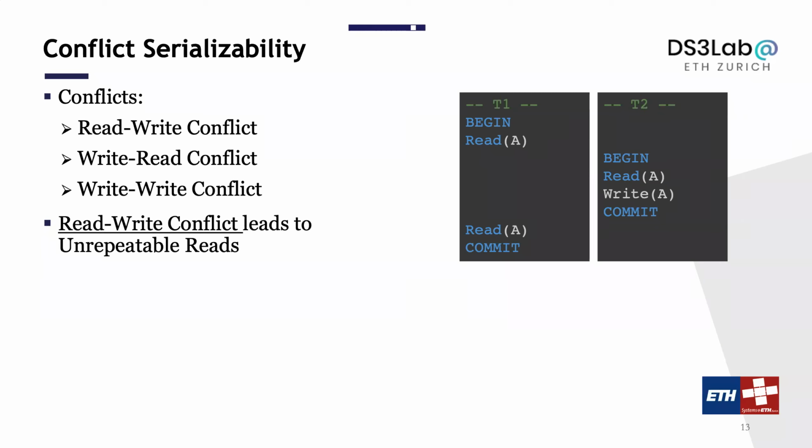So let's look at this example. You have T1, you have T2. T1 first reads A, T2 reads A, writes A, then T1 reads A, then both commit. Okay. So if you look at this pair of operations, they both read A. They read from the same place, but they do not conflict with each other, because there's no write. Remember our definition of conflicting operations: there needs to be one operation that writes to the same place.